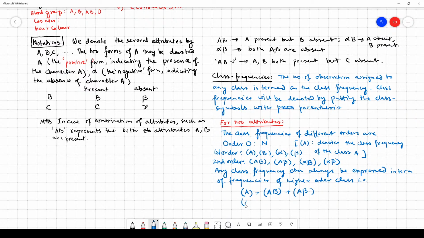Similarly, if you consider three attributes, this can be written as all three present, AB present but C absent. So in that way you can present this thing.